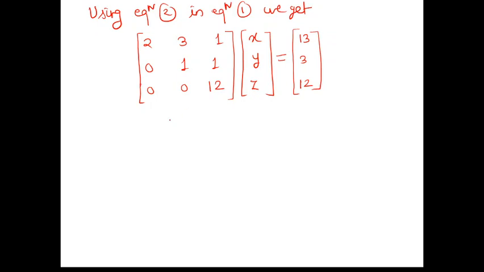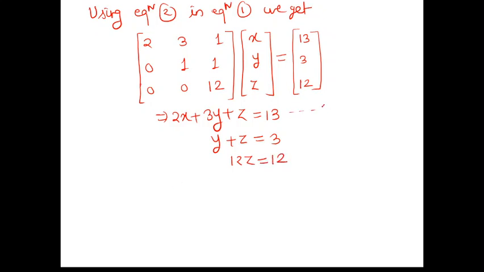Now multiply the matrices and equate accordingly. So what you will get: 2x plus 3y plus z equal to 13, then y plus z equal to 3, and 12z is equal to 12.